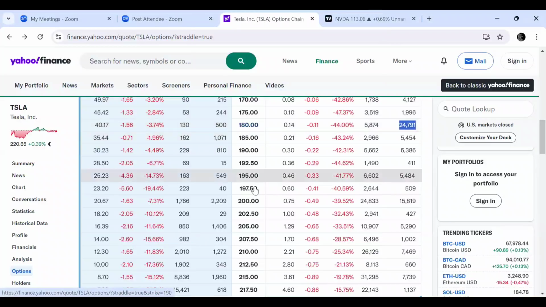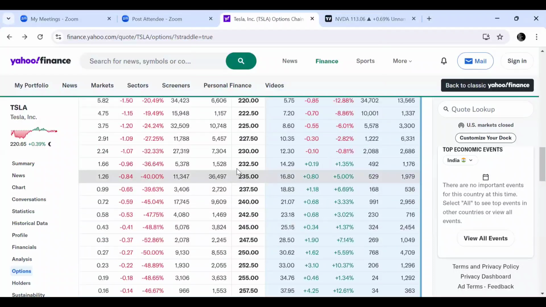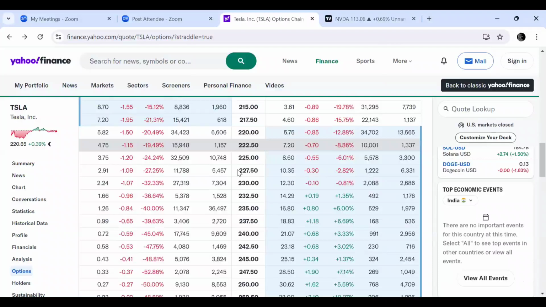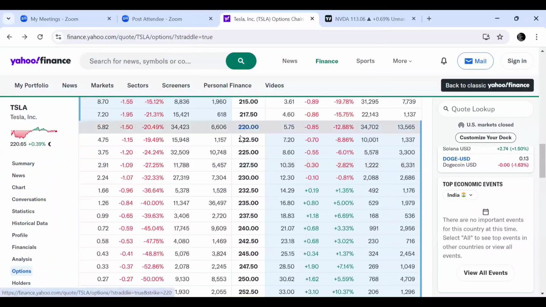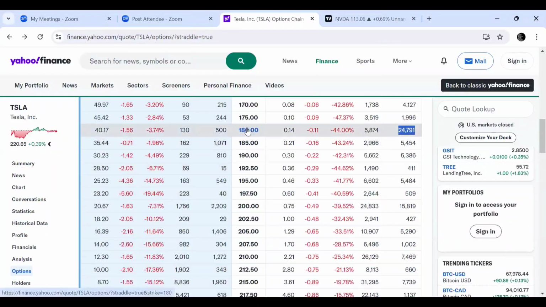So it determines the range. The range of Tesla is $180 to $235. If I'm investing in Tesla, there is a high chance that it may rise till $235, and if it falls, it may fall till $180.